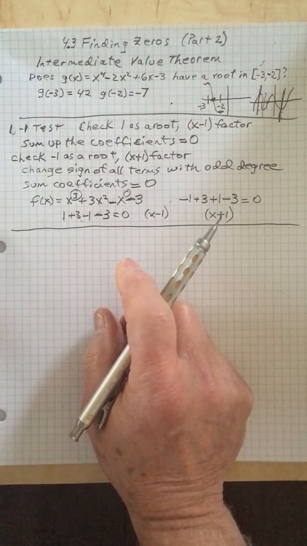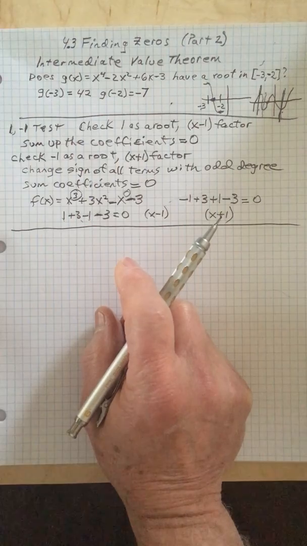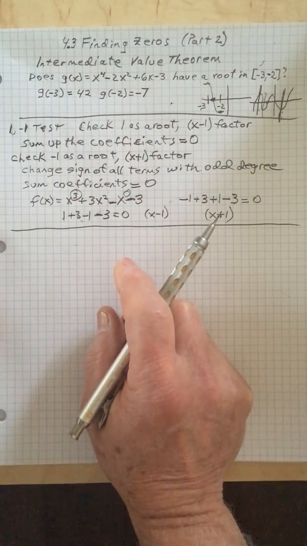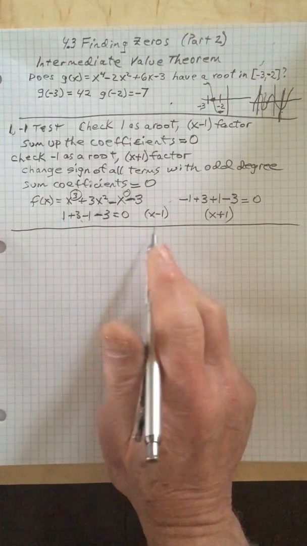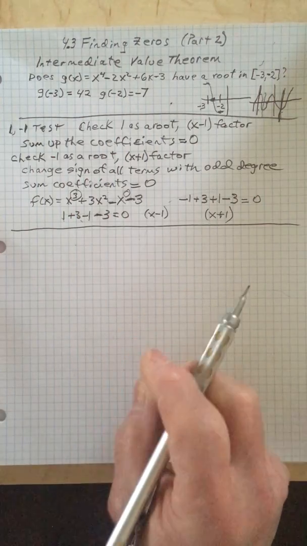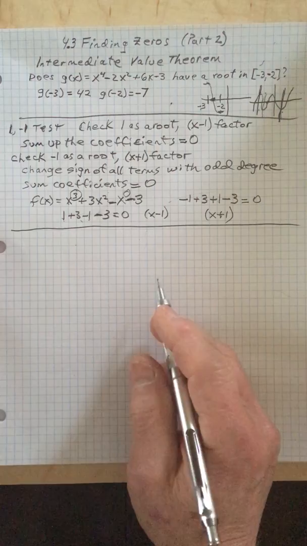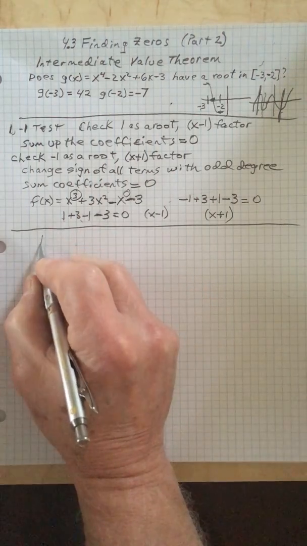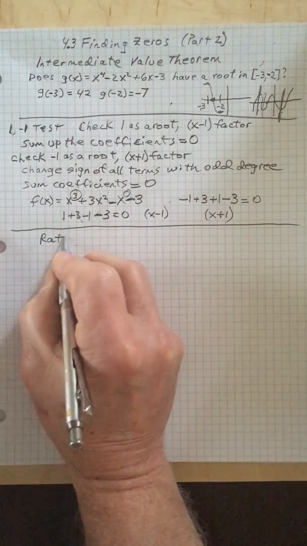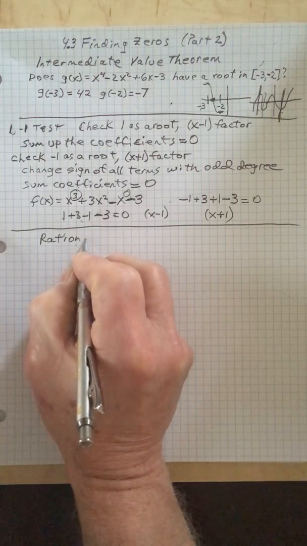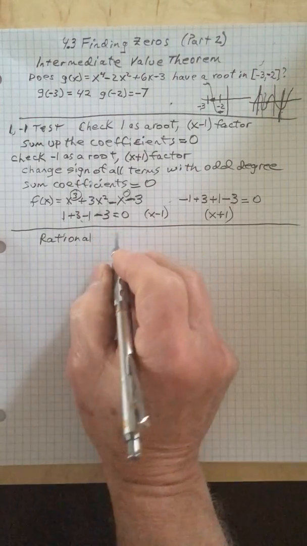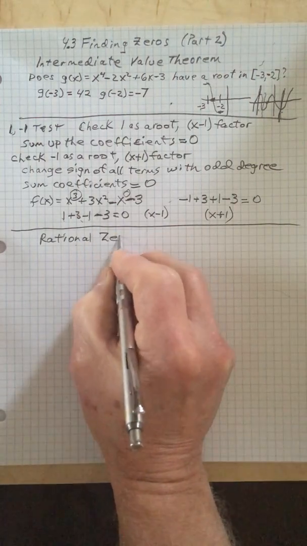Okay, another way to kind of zero in on possible zeros, but this test is only used on rare occasions, and you'll see why. This one's called the rational zeros test.